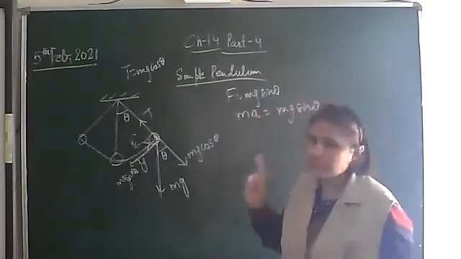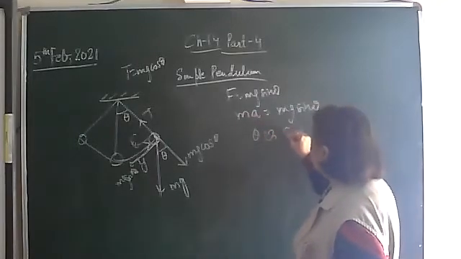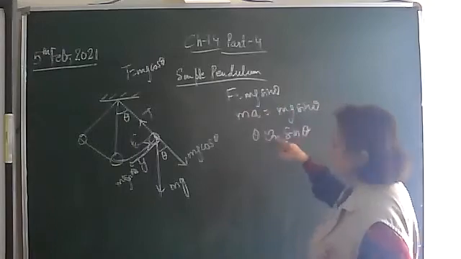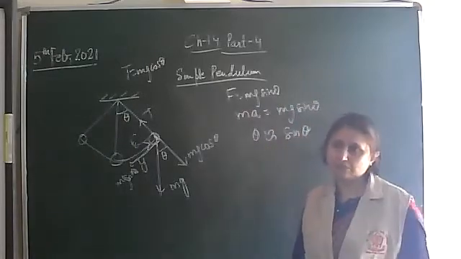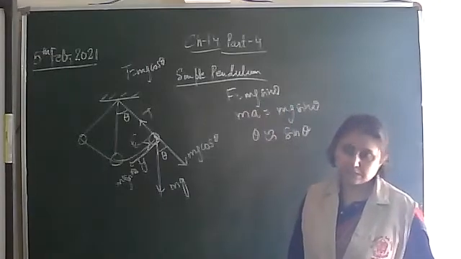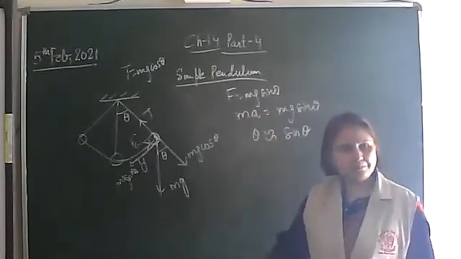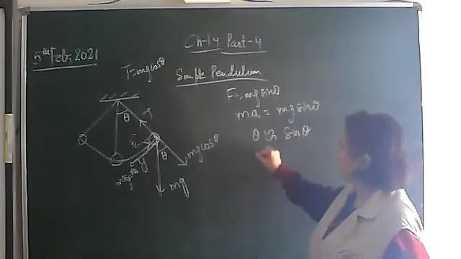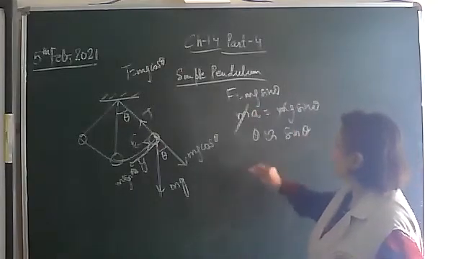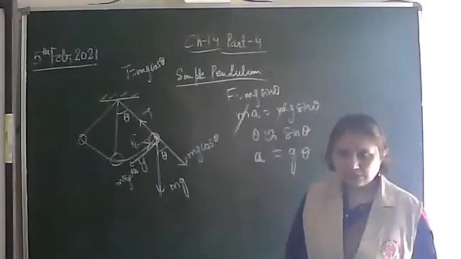Now here theta should be very small so that sin theta can be approximately taken equal to theta. That is why theta is kept very small. If theta is small, sin theta is approximately equal to theta. So cancelling m from both sides, acceleration is equal to g into theta.